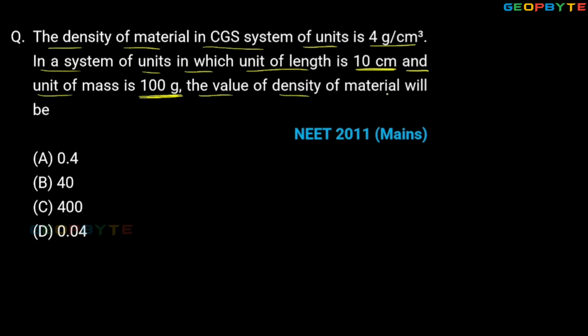the value of density of material will be? Okay, as you know, the product of numerical value of a physical quantity and its unit always remains constant. This part we have already clearly discussed. The product of the numerical value of a physical quantity and its unit remains constant.